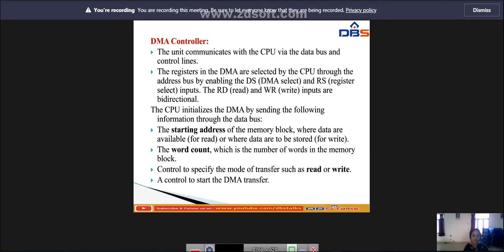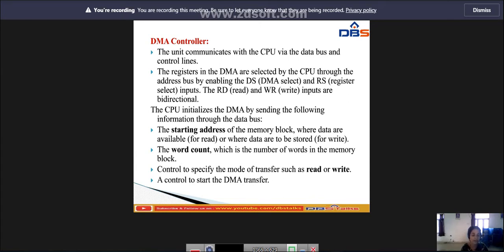The address bits go through bus buffers into the address bus. The address register is incremented after each word that is transferred to memory. That is the address register. The second one is the word count register.